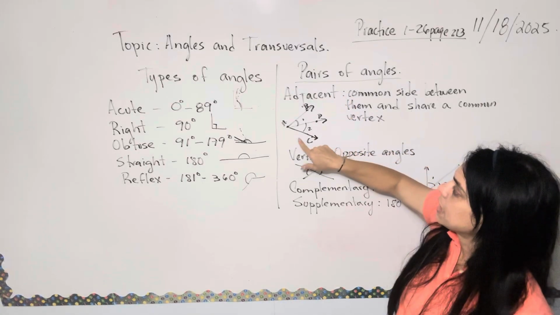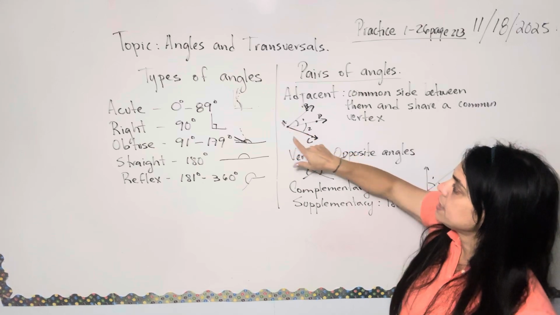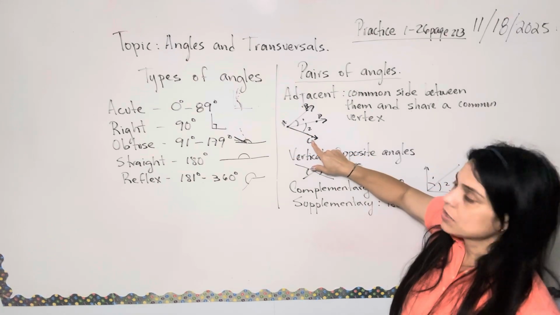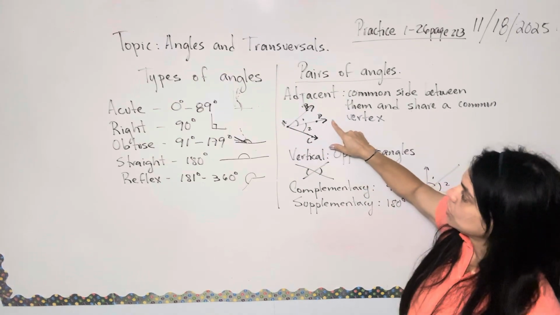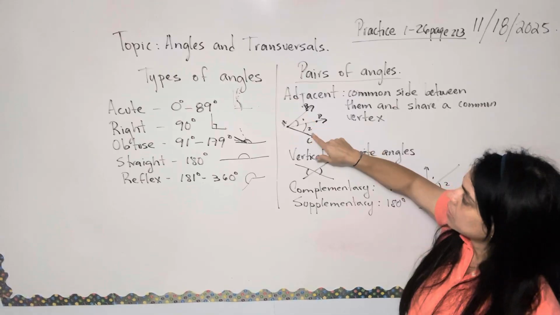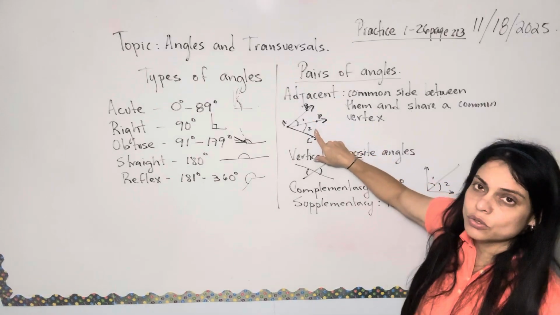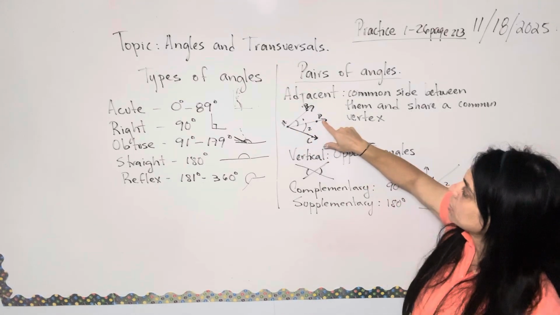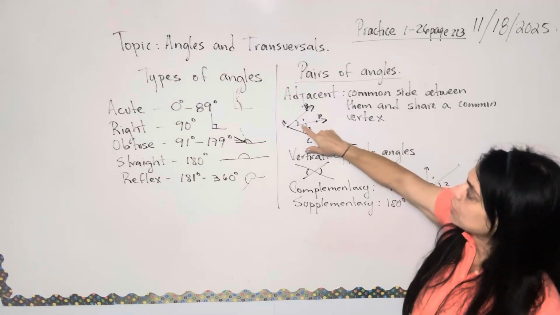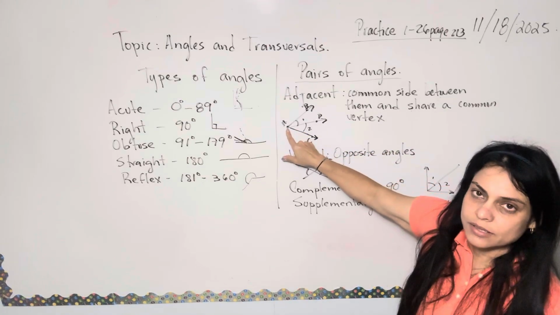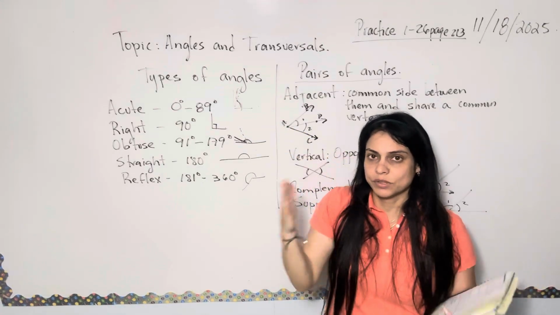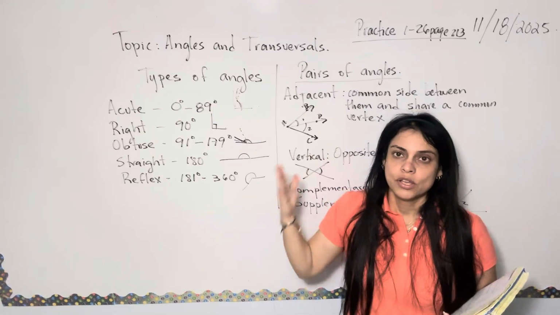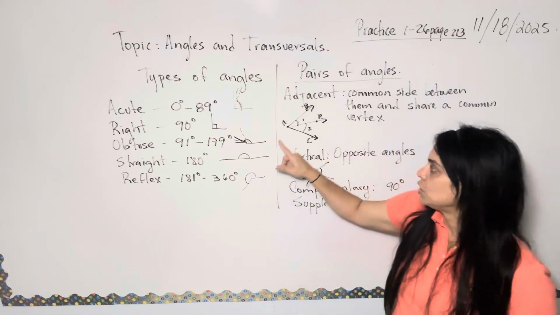You have a big angle, which is BAC. But this angle is divided in two. So angle 1 is adjacent with angle 2 because they share a common side, but also they share the vertex. They are one beside the other one. They are together, okay? They have a common side in between.